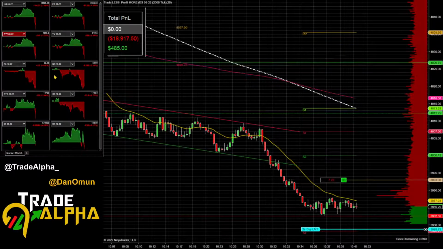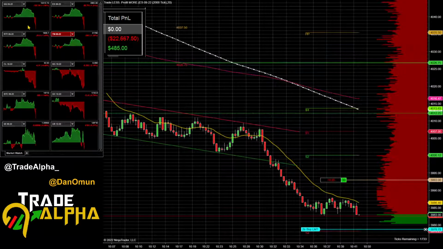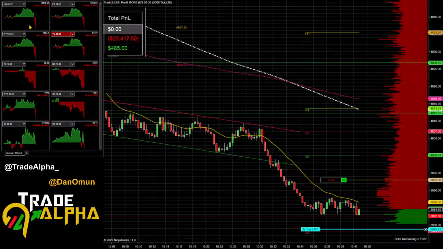And I'd say there's probably a 60% chance that by 2, 3 p.m. we see a retest up to break even, or at least near break even. I don't know if it's going to make it up to break even, but there's an 80% chance that it's going to reverse. So I like those odds.